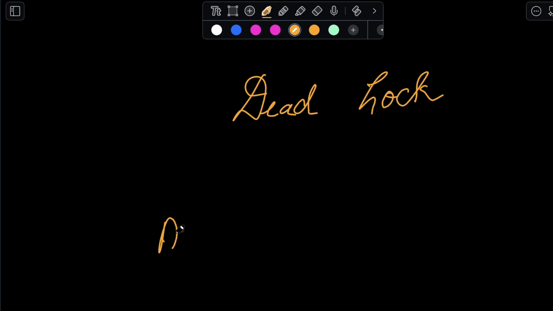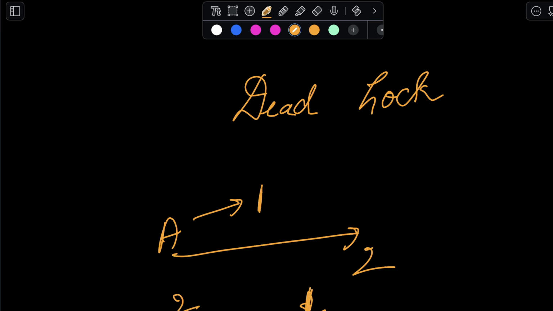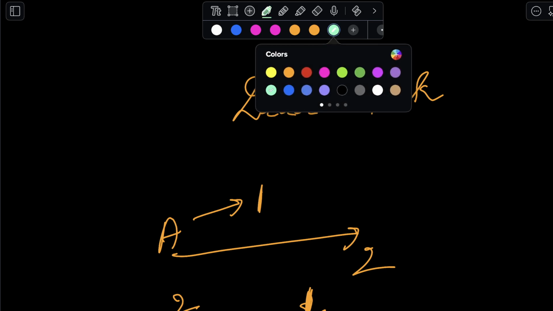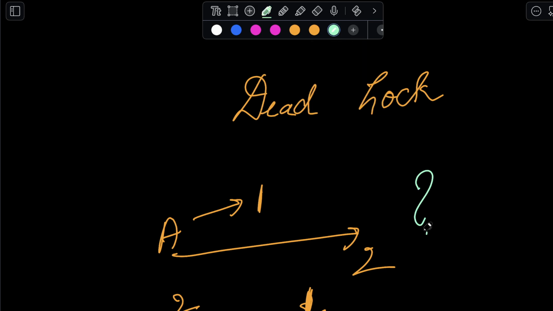A is having resource one but wants resource two. B wants resource one but has resource two, so it's exactly opposite, right? So there is a lock. Who will get what? So we are in that locked zone.